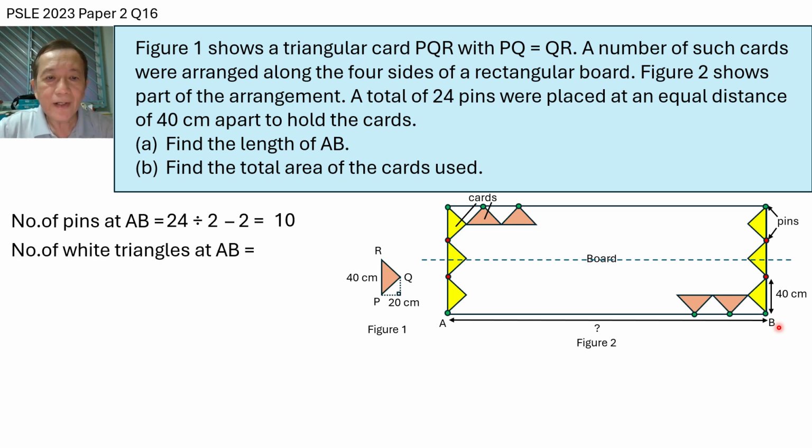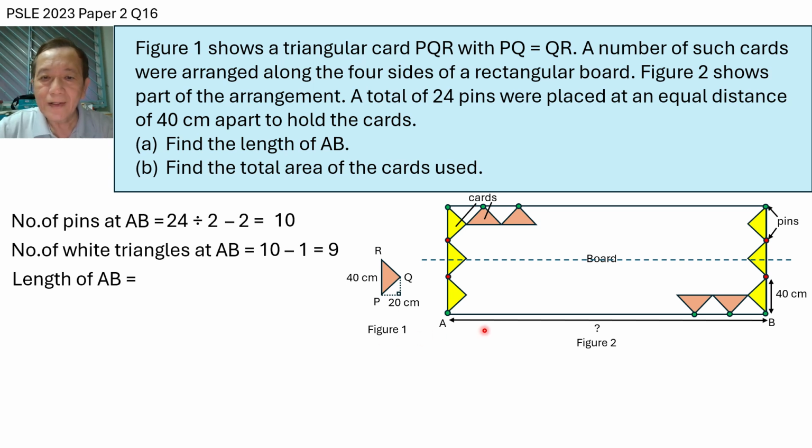Number of white triangles at AB refers to this. If there are 3 pins, there will be 2 triangles, 2 white triangles. So if there are 10 pins, there will be 9 white triangles.